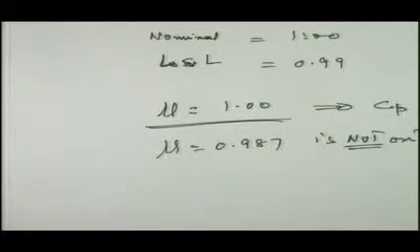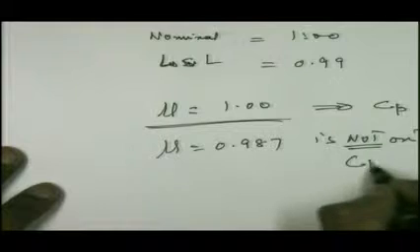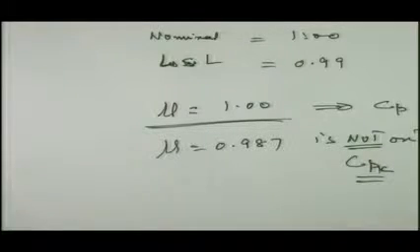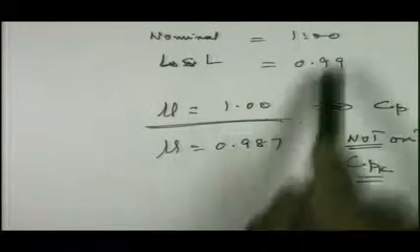In this case, I have to find CPK. CP and CPK definitions vary depending on the day, town, and place. So we will establish one concept of CPK and go there.